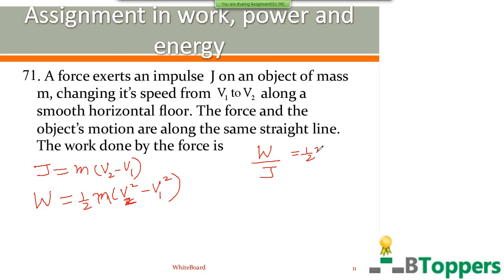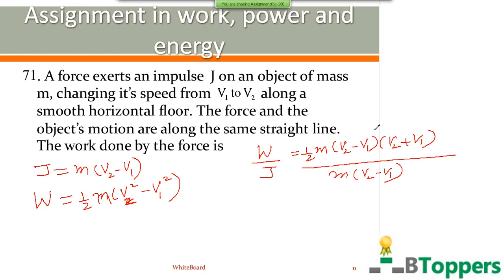So W can be written as change in the kinetic energy, equal to final kinetic energy minus initial kinetic energy. That is half m v2 square minus half m v1 square. So W is half m into v2 square minus v1 square.